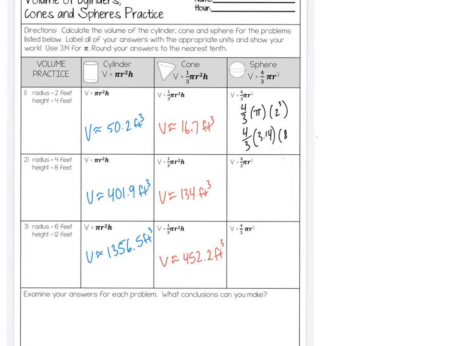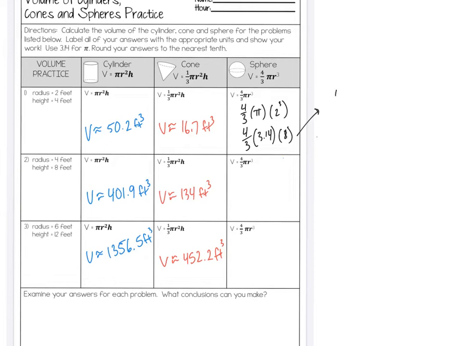So this is 2 times 2 times 2, which gives us 8, and I'm already running out of room. So I'm going to take 8 and multiply it by 3.14 next, because you can use the commutative property of multiplication. You can multiply in any order. So I'm going to take the work over this way here.